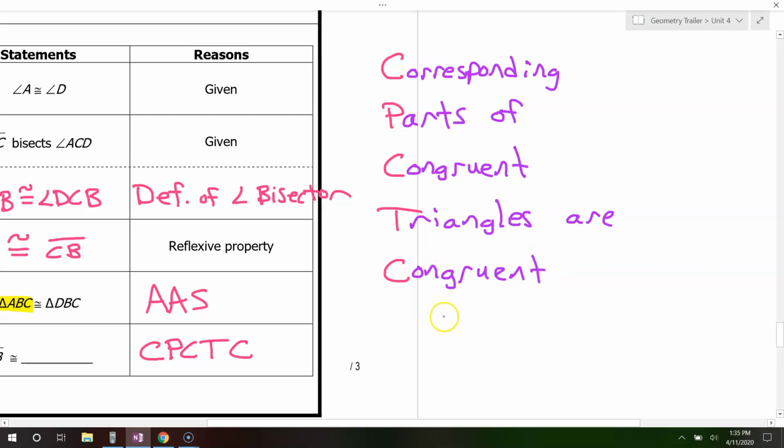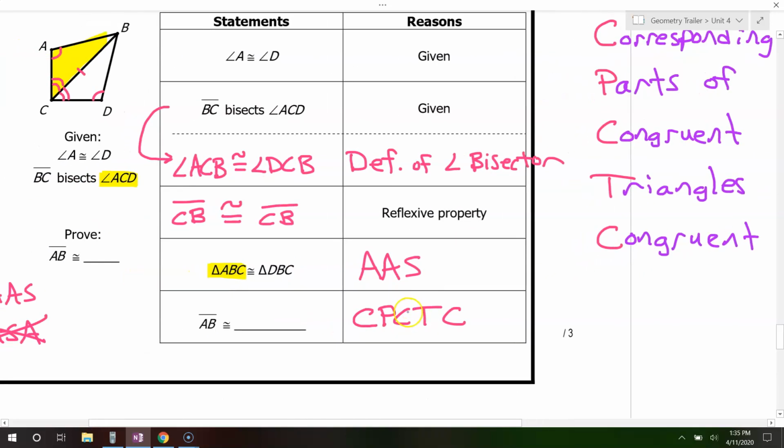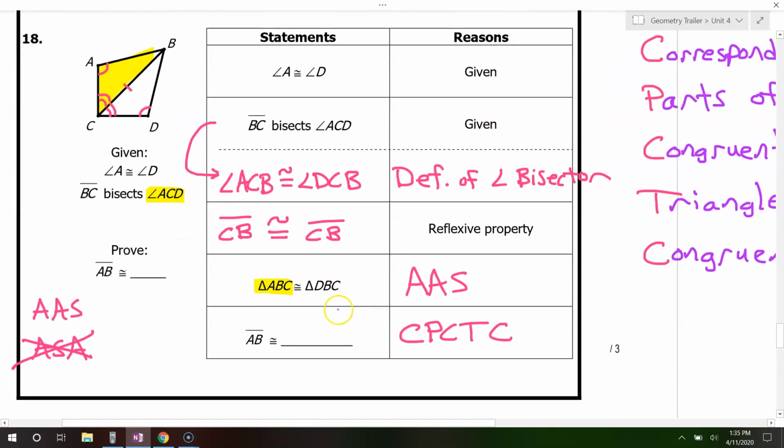Corresponding parts of congruent triangles are congruent. We're going to use that because this is an extra pair of corresponding parts that we're trying to say are congruent.